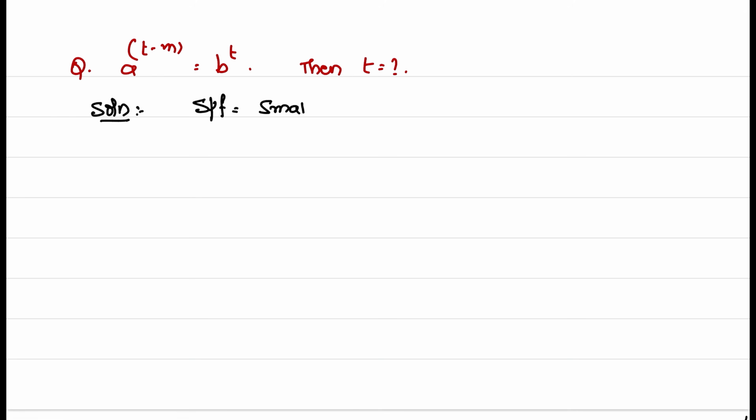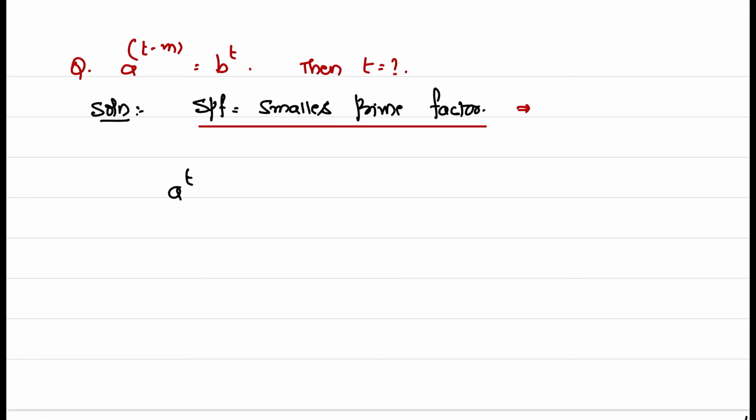This approach will go as we did in the last lecture. But here a and b are arbitrary numbers. We are not aware of what a and b are. In that case we will directly go into the problem and solve it with logarithms.